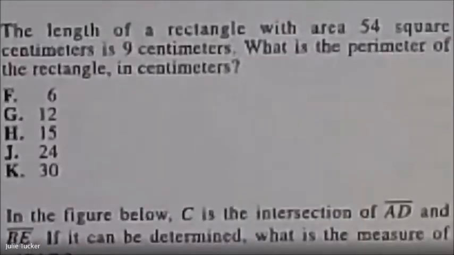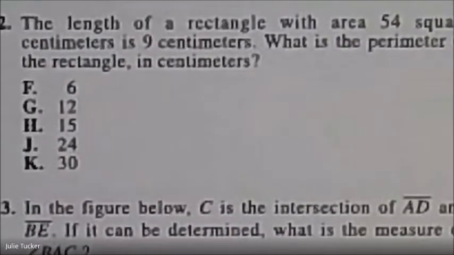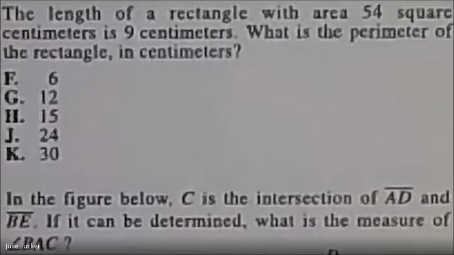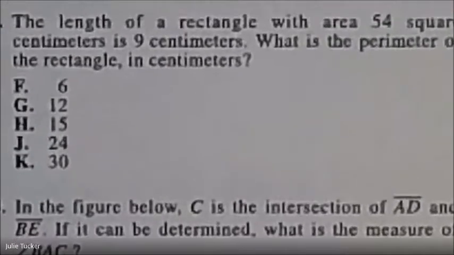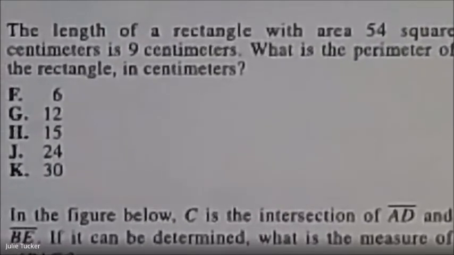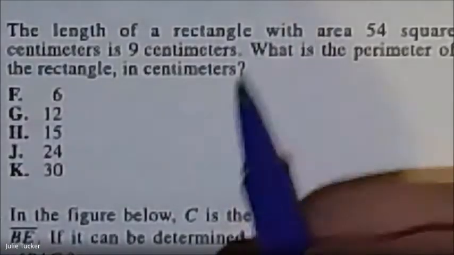Okay. So now we're on question number 12. The length of a rectangle with area 54 square centimeters is 9 centimeters. What is the perimeter of the rectangle in centimeters?